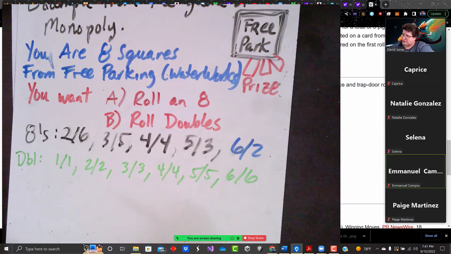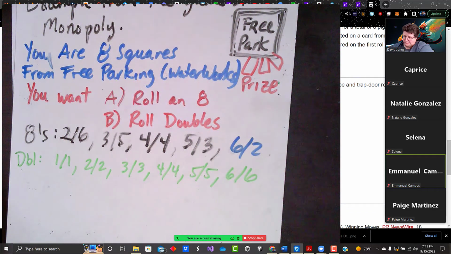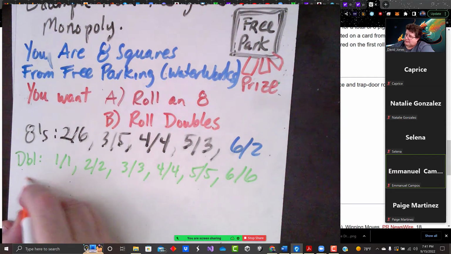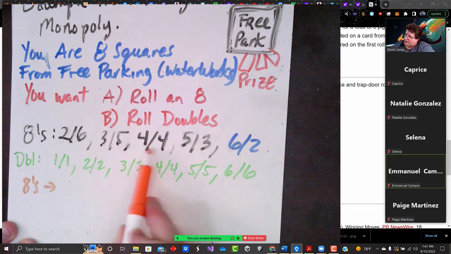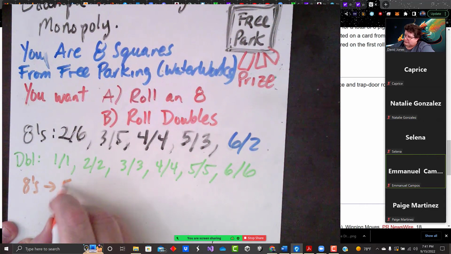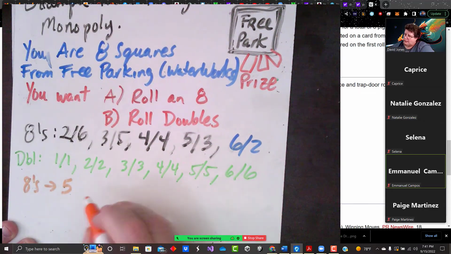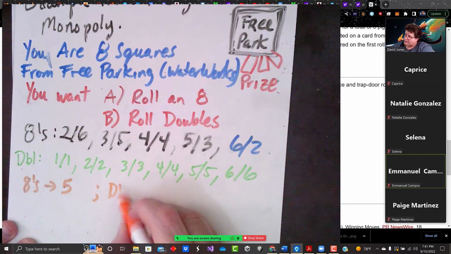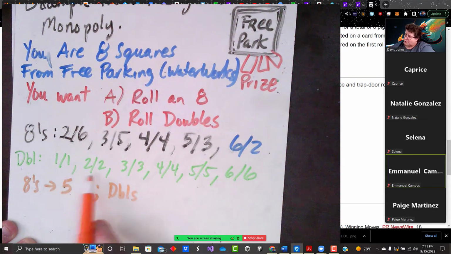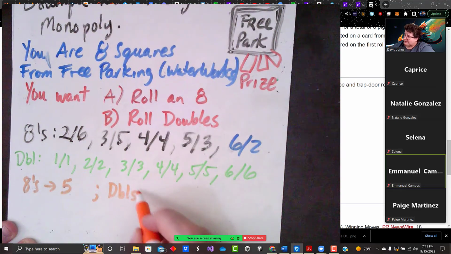So how many ways are there to roll an 8? There is 1, 2, 3, 4, 5. For doubles, 1, 2, 3, 4, 5, 6.